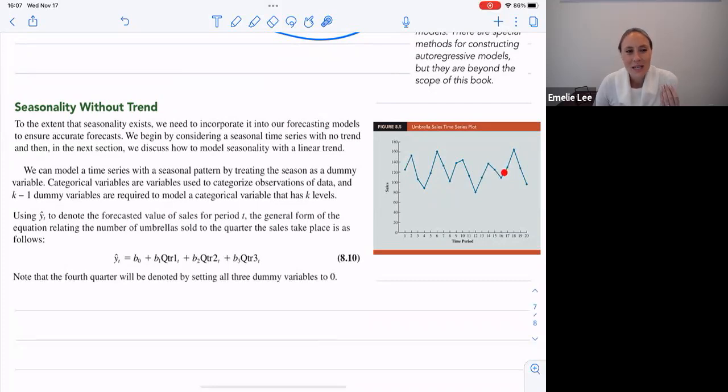But we also need to understand that umbrella sales, right? When we think about umbrella sales, we suspect that there is some seasonality.